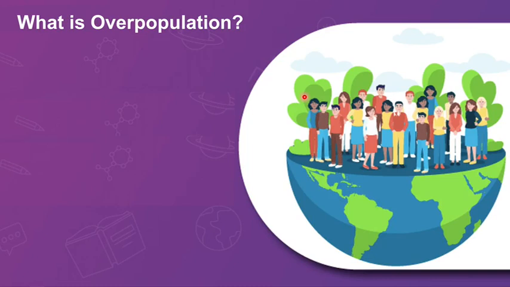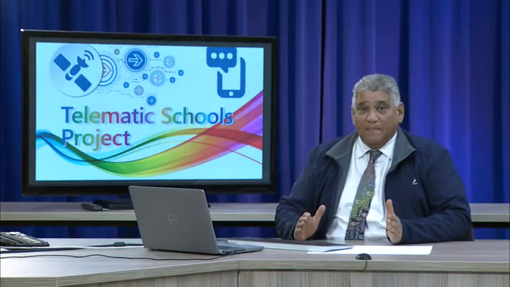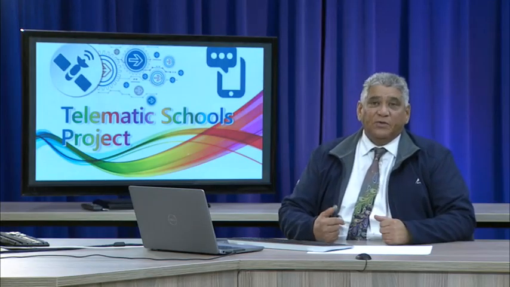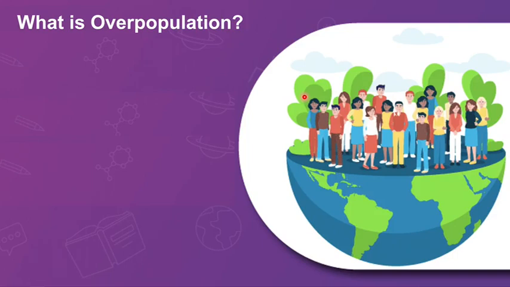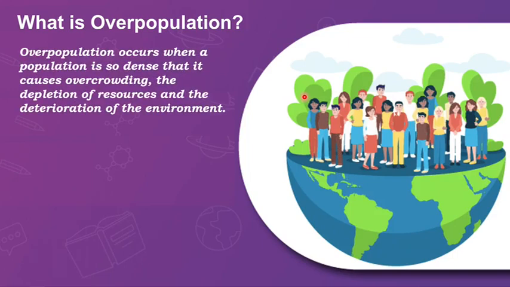Now, the question is, what is overpopulation? This is a very, very important part of the work that I am going to share with you now. Firstly, you must know the concept.